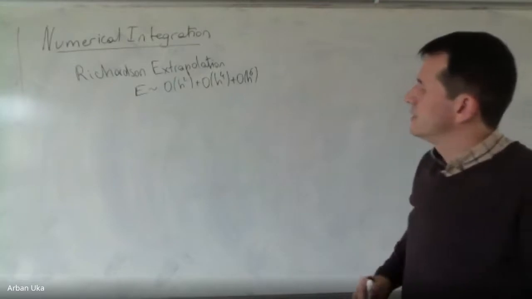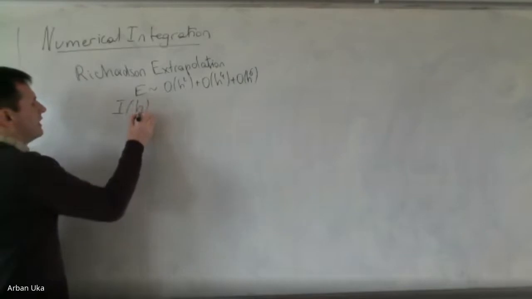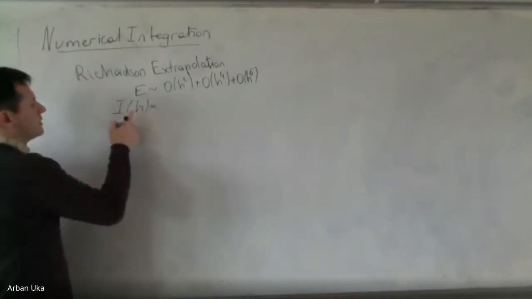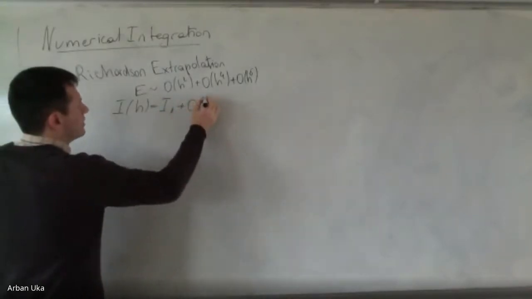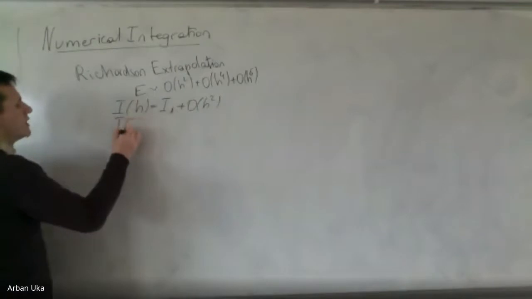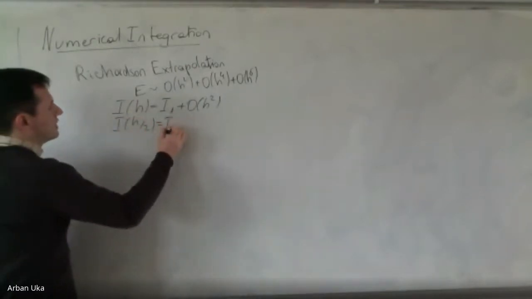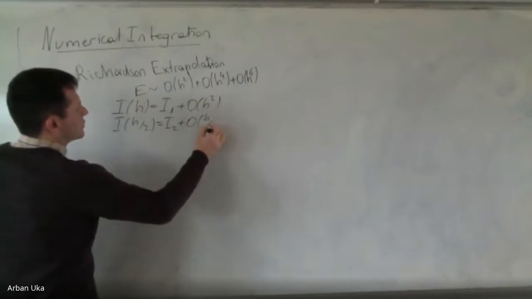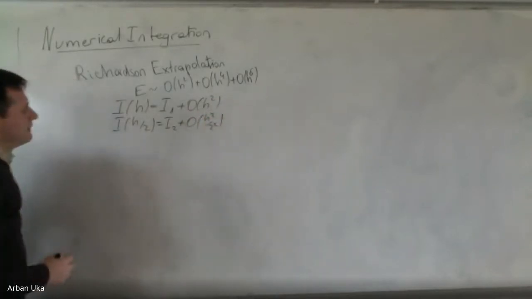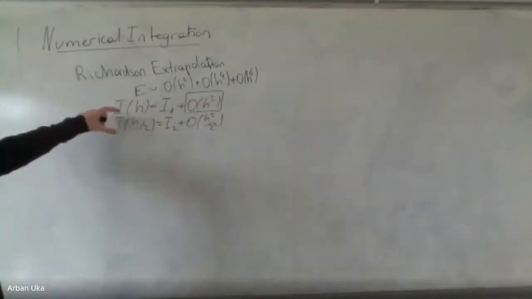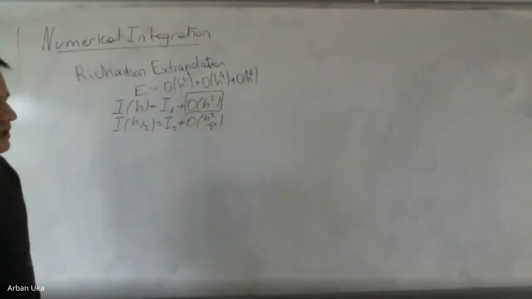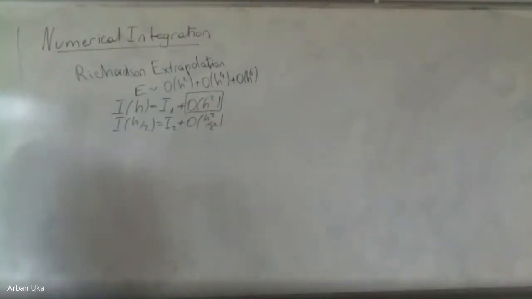It's very useful to have one calculation of the integral with h, which is equal to a specific value. We call this I1 plus the error, which is O(h squared), and we can also have h over 2, which is I2 plus an error of (h over 2) squared. By combining these, we can write this error as a function of these other quantities, which means we immediately go to O(h^4). So that's what we covered last time for numerical integration.